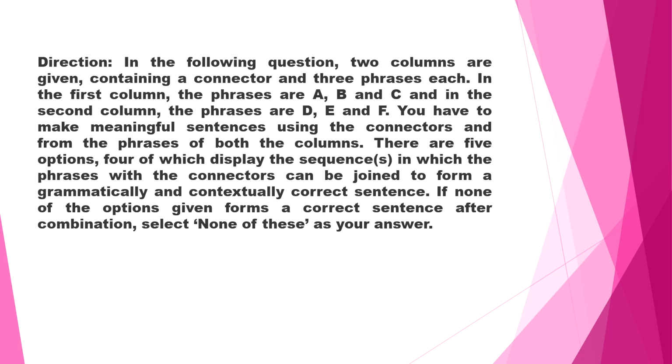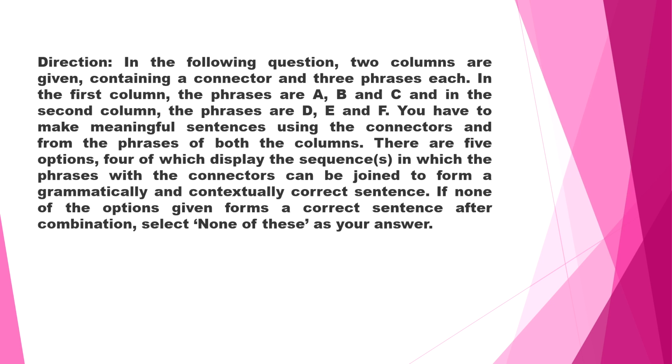So here's the next type of question asked. Let me first read out the instructions given. In the following question, two columns are given containing a connector and three phrases each. In the first column, the phrases are A, B and C, and in the second column, the phrases are D, E and F. You have to make meaningful sentences using the connectors and the phrases from both the columns.